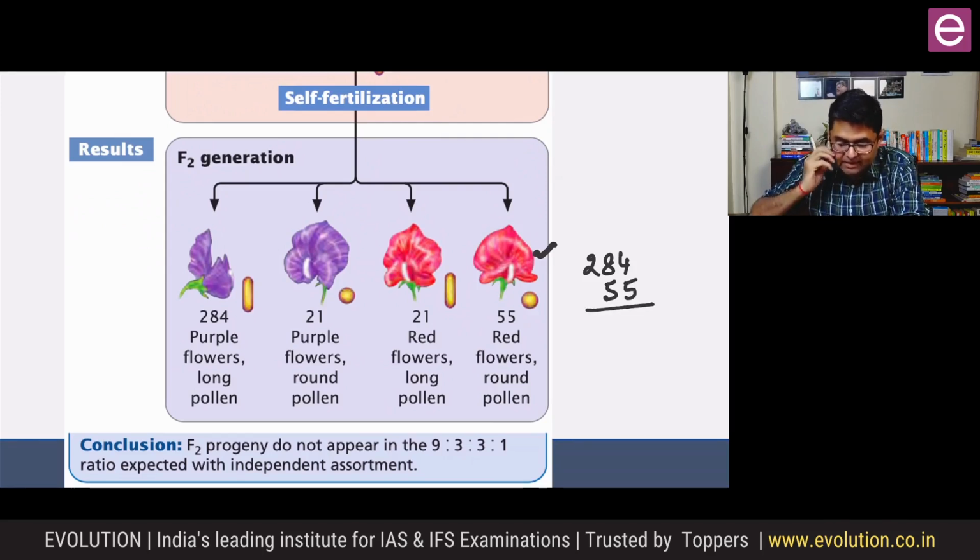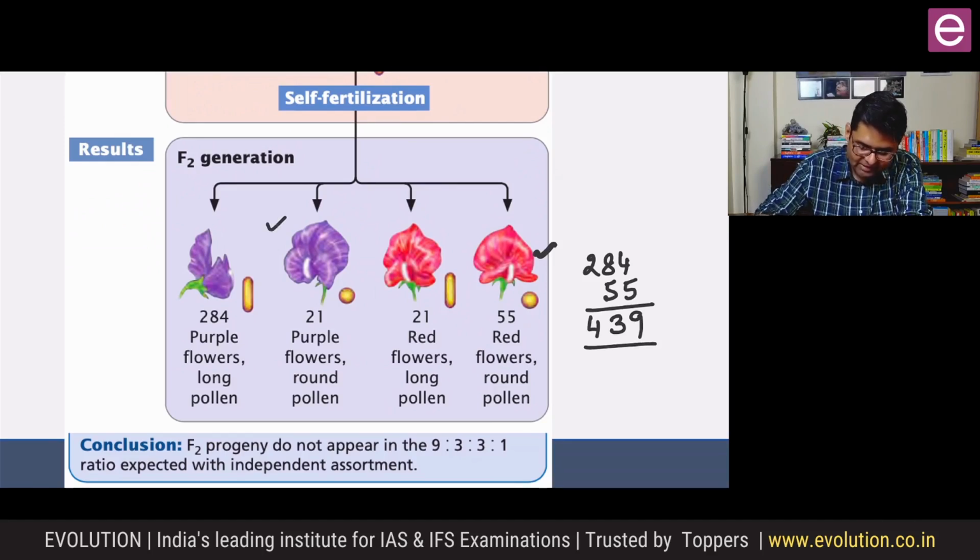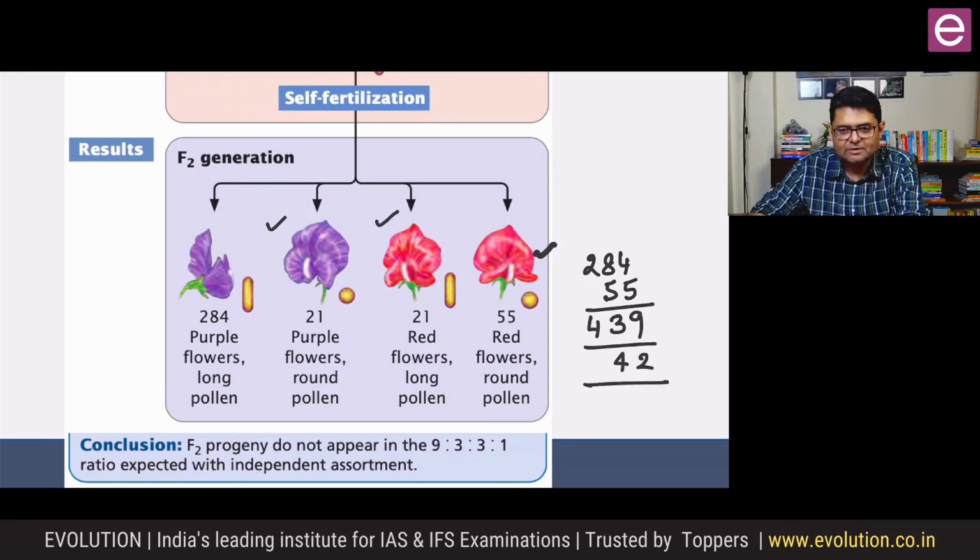These two are parental type. All right. So you have basically got this number. All right. And then these are recombinant 21 and 21. So just add this number.